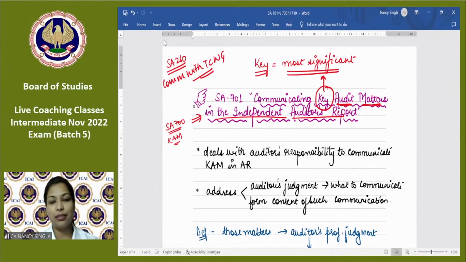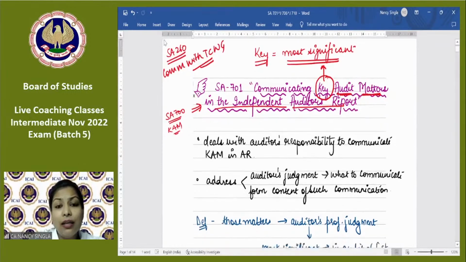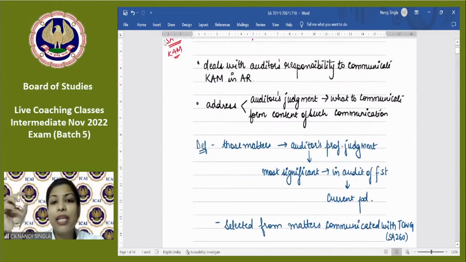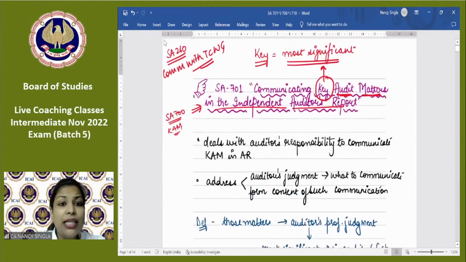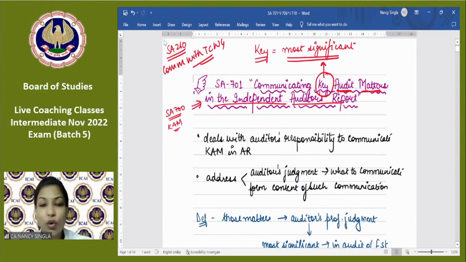Key audit matter. Okay? So during the course of audit, the auditor discusses various significant findings, various other matters with those charged with governance. Out of those matters, the matters which in the auditor's professional judgment are of most significance, he can show those matters as key audit matters in his audit report. And when the auditor is doing this, he needs to refer to SA 701.